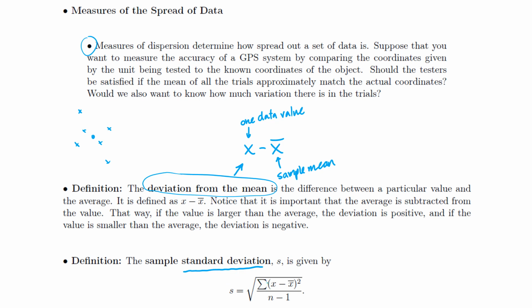So what you're doing is you're taking all those deviations from the mean, you are squaring them. Remember, this means to add up, and you're dividing by one less than the sample size and then taking its square root. So there are a lot of pieces to this.